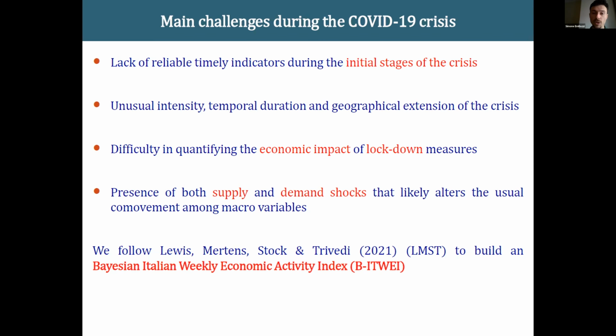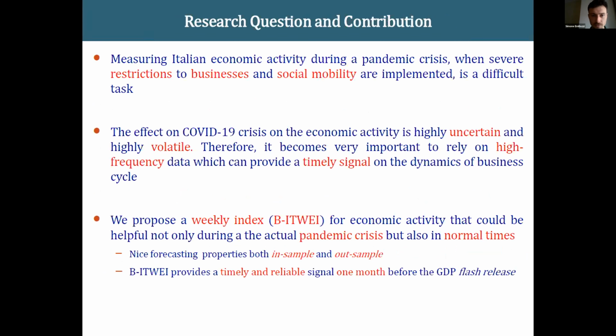So we have the advantage of the shrinkage, and we can make probabilistic statements, like what is the probability that economic activity will be below X% for the next 3 months.